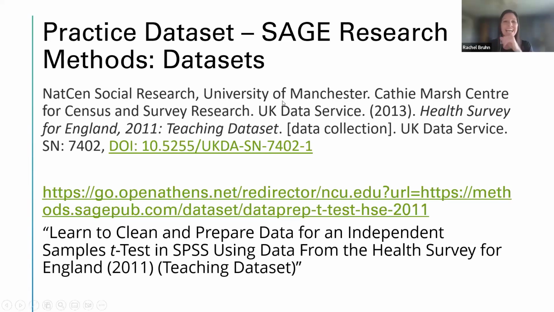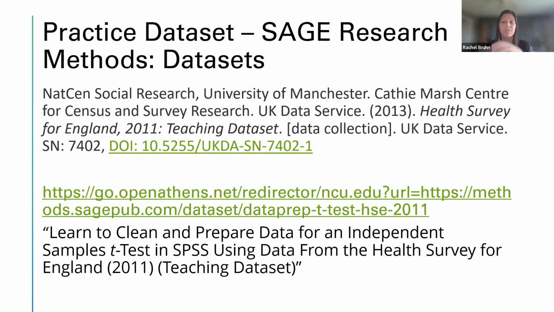Okay, so we are going to be using a data set that can actually be found in the library. If you've not learned about this database, I would encourage you to get familiar with it. So this is part of Sage Research Methods, specifically their data sets collection. So in that collection, they have data files that you can use, but also student guides that walk you through doing the test.